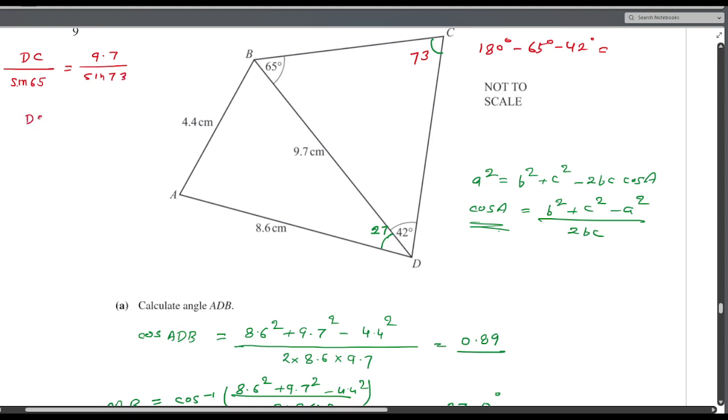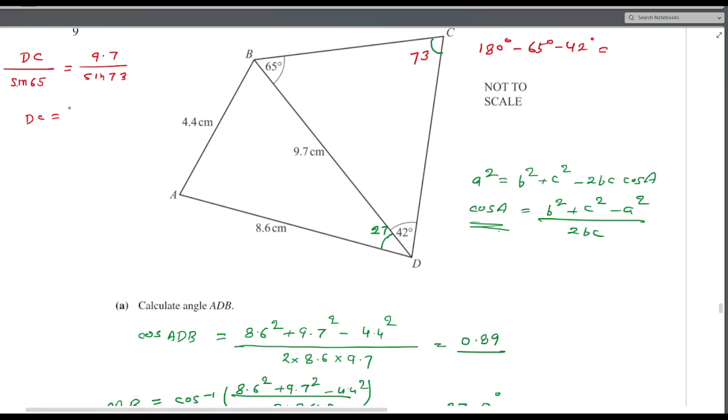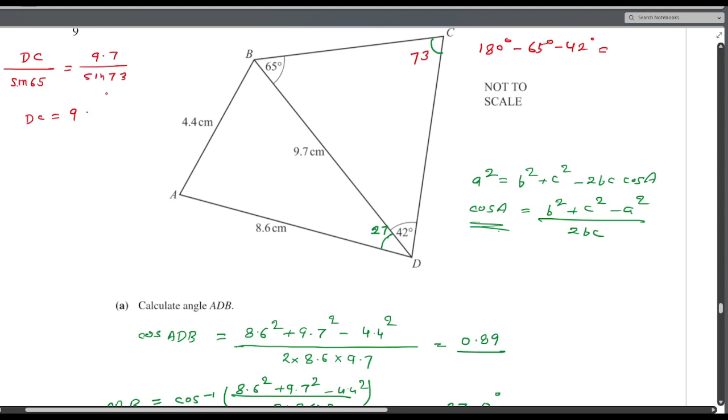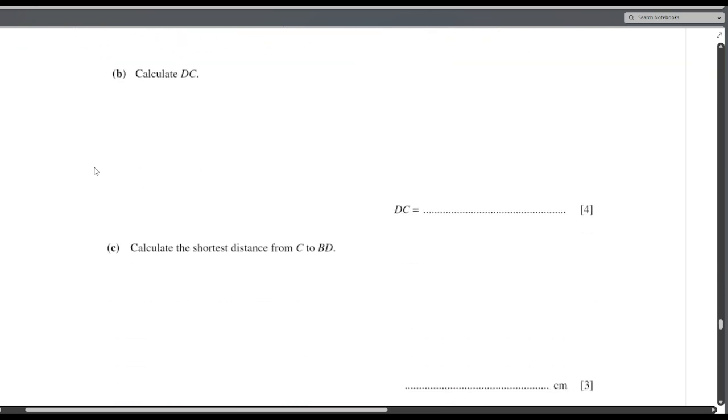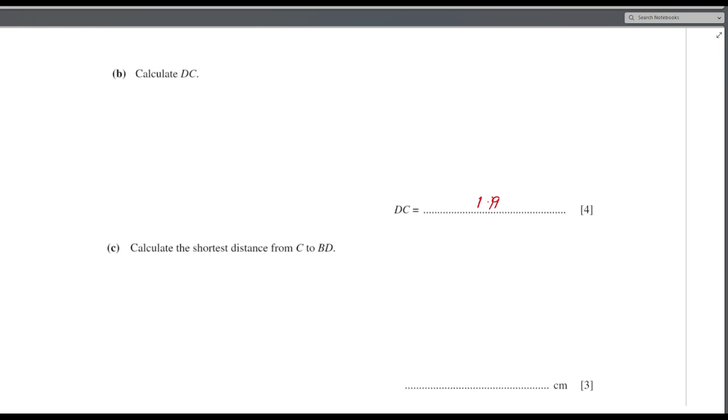Therefore the DC value is 9.7 divided by sine 73 multiplied by sine 65, which is 9.192. So 9.19, up to 3 significant figures. So DC is 9.19 centimeter. You understand why it is for 4 marks?